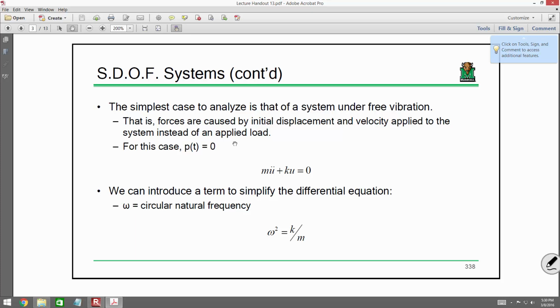Now, I'm introducing a term, and I'm calling this term omega. Omega stands for, and this won't make a lot of sense now, but it will in a little bit, the system's natural frequency, but it's the circular natural frequency. There's a difference between its circular natural frequency and its cyclic natural frequency, and it's just 2 pi. You'll see where we get that in a little bit.